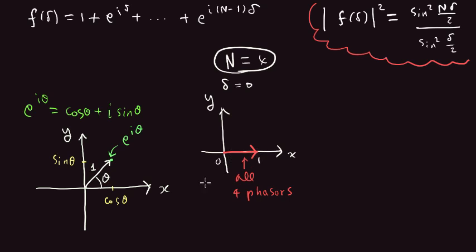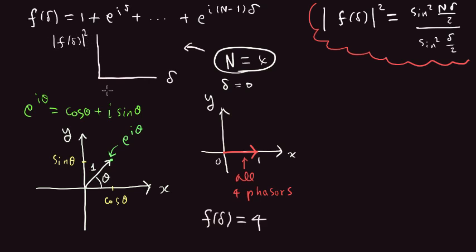If you add them up, what's the magnitude? f delta is not even a complex number here. It's just 4. So f delta squared becomes 16. That's why when n equals 4, when you plot f delta squared as a function of delta, this is 16.